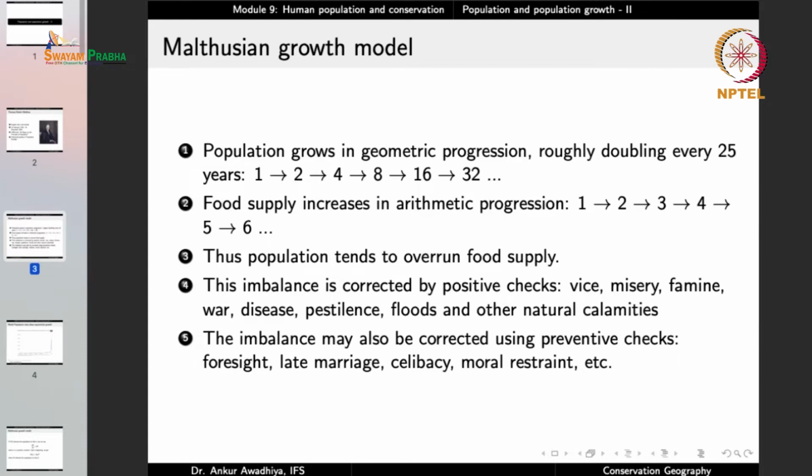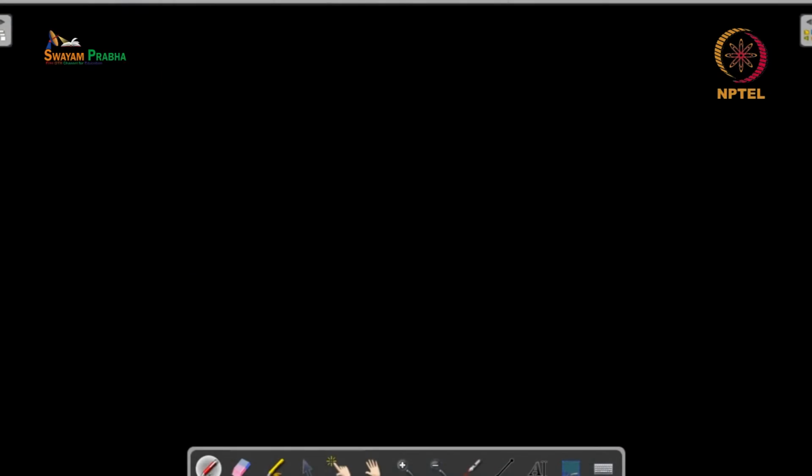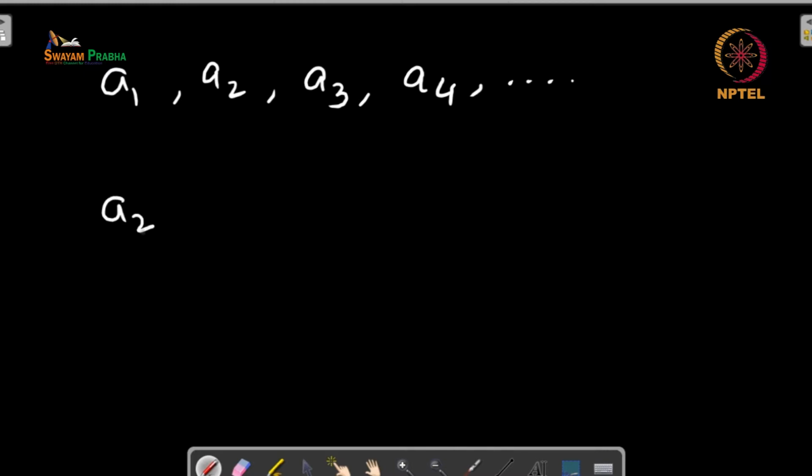He stated that the population grows in geometric progression, roughly doubling every 25 years. Now, a geometric progression is a sequence of terms. So, let us write it as A1, A2, A3, A4 and so on, such that if we take the ratio of any two terms, so A2 by A1, and if this ratio is R, then this ratio is maintained everywhere.